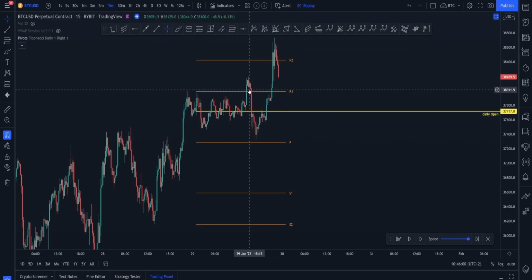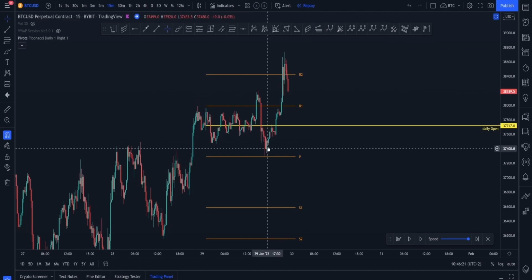In this case, we could have possibly taken a short scalp trade from the resistance pivot and subsequently a long trade from our P center pivot. Once we enter a possible long trade here, we can target once again the first resistance and the second resistance pivots, which in this case gave us a very nice successful trade setup.